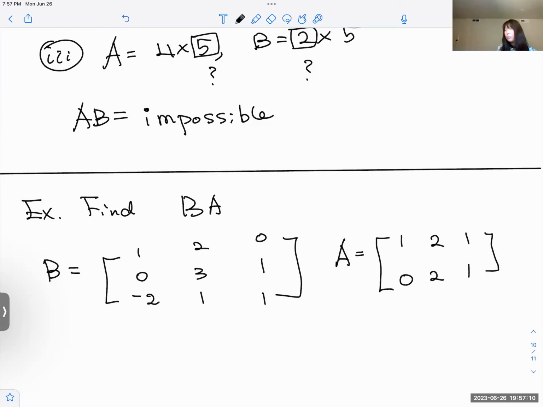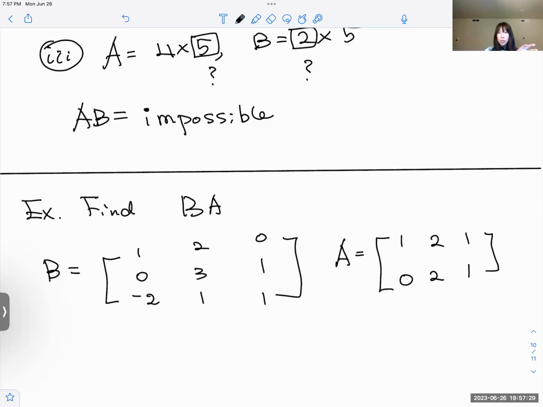Okay, so every time you add, subtract, and multiply, we have to follow the size, right? Addition and subtraction require that the matrices have the same size.